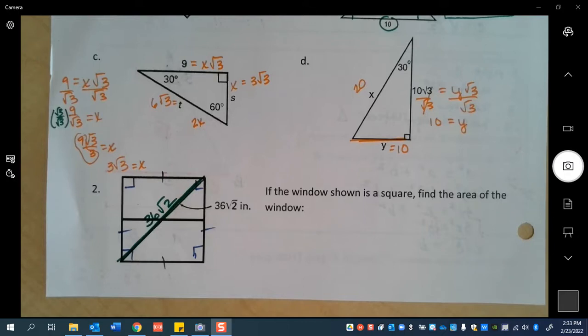It's a 45, 45, 90. Keep going. So if this is 36 roots of 2, what's my side length?